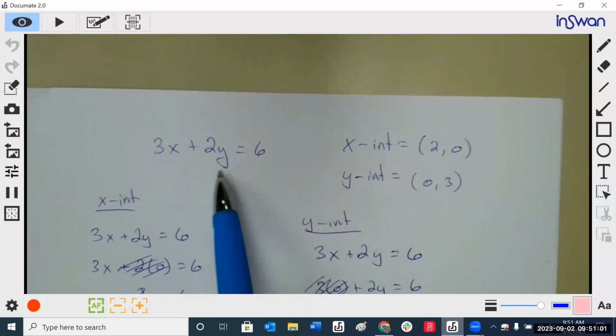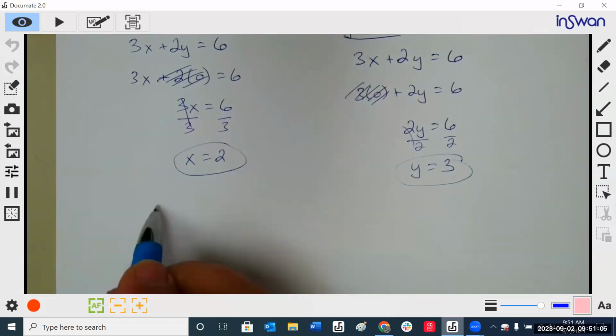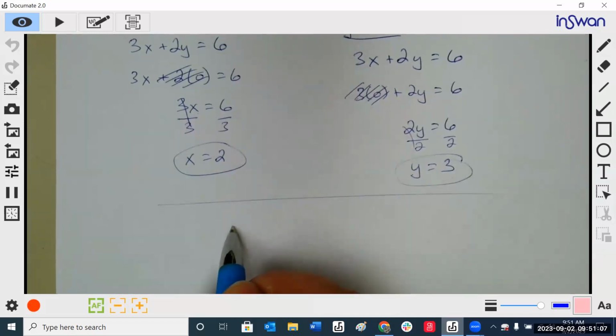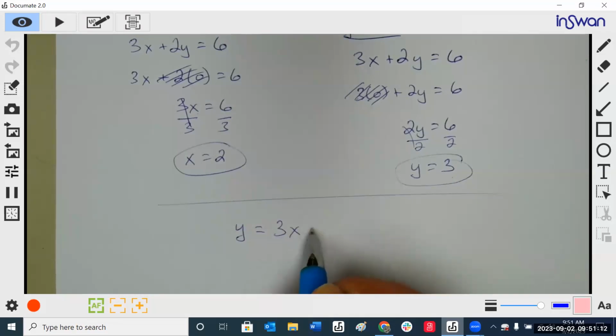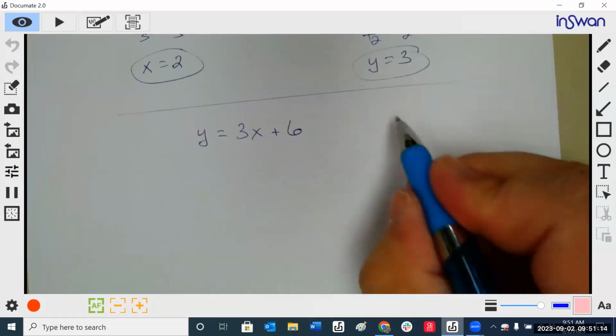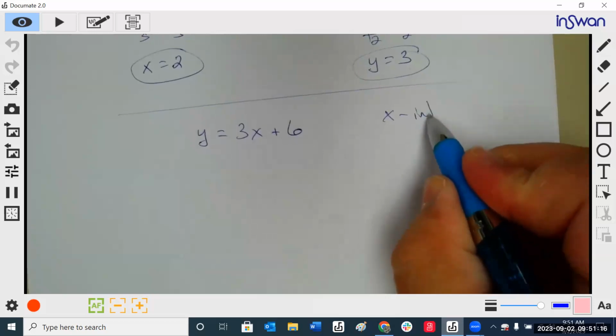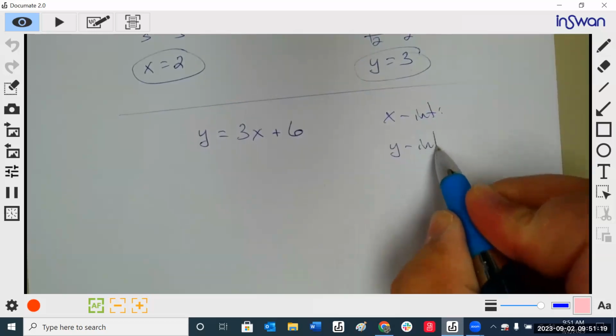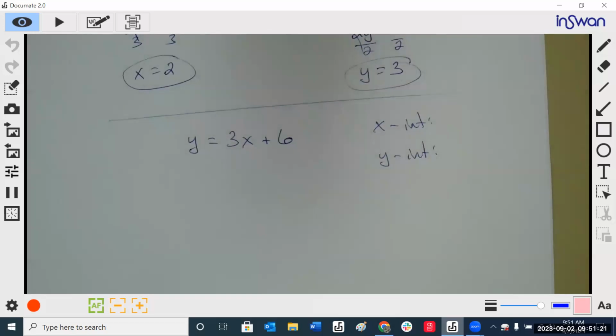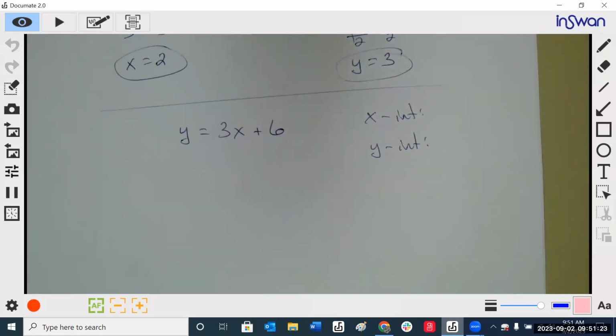What form is that in? Standard form. What if I gave it to you in this form? What's that? Very good.